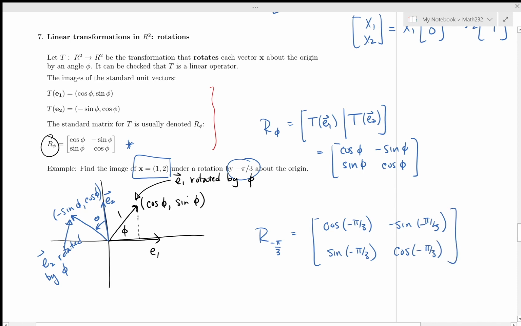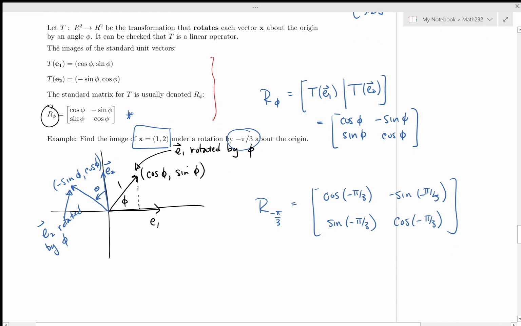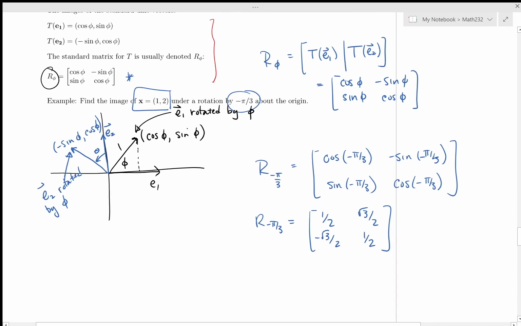Okay, all right, so I can make those calculations, and I get this matrix here: 1/2, root 3 over 2, minus root 3 over 2, and 1/2. Okay, now I can take any vector, and if I want to rotate it by minus pi by 3, I simply multiply the vector. I multiply on the left by this matrix. Okay, so let's do that.